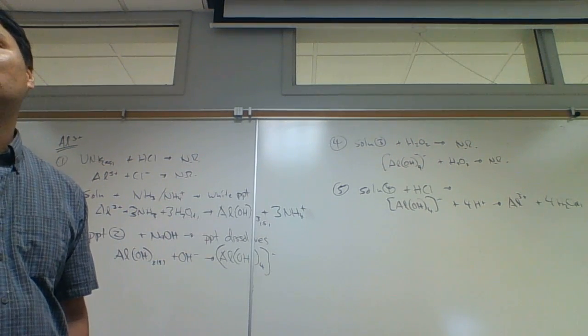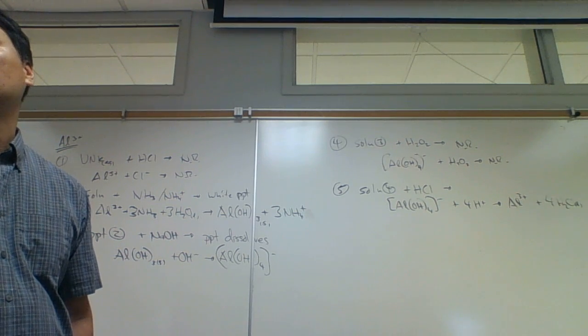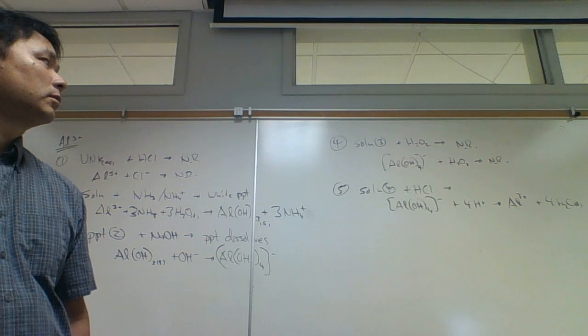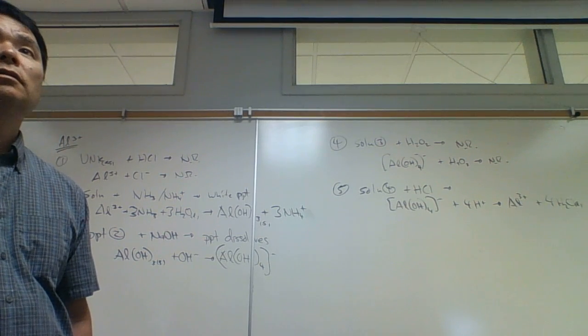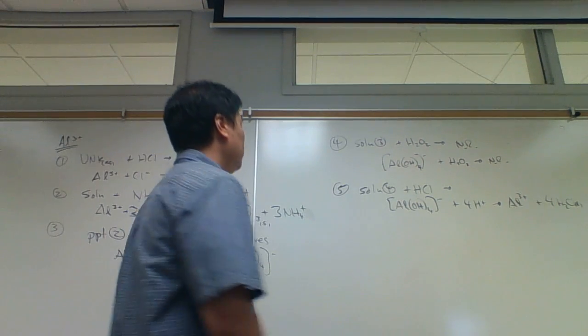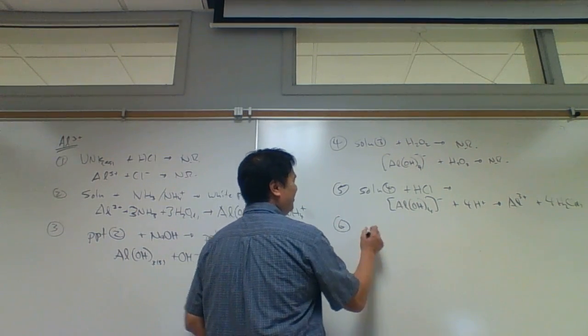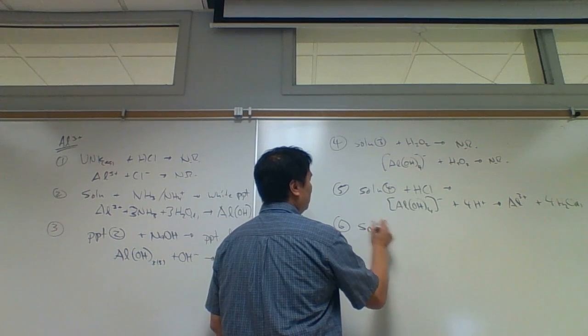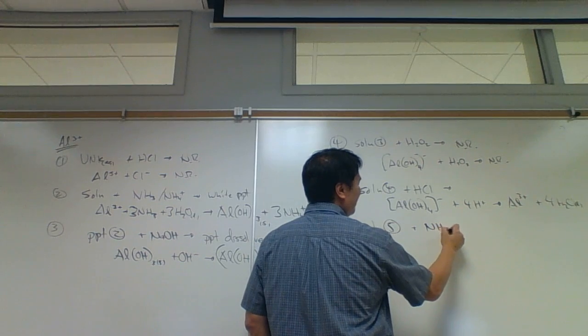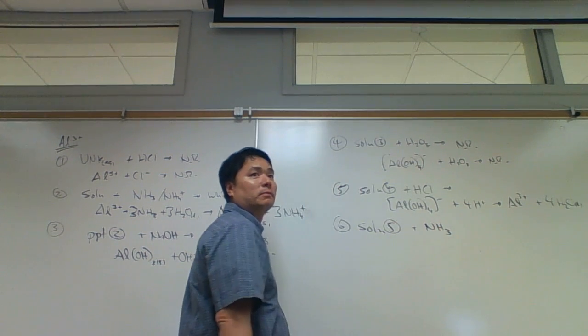Okay, then what? Now we separate out the aluminum by using ammonia to form aluminum hydroxide precipitate. So here we go to solution 5 and then add ammonia. Do we have to add the buffer or just straight ammonia?